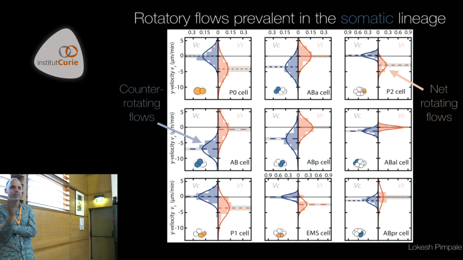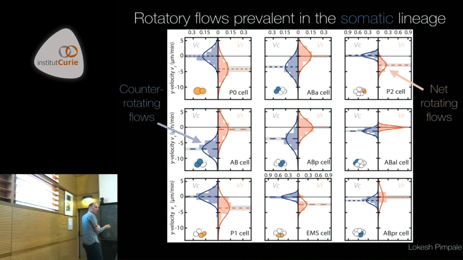So the cell-cell arrangement is, I'm going to say it optimistically, we think dominated, or at least quite significantly impacted, by these rotatory movements. There are rotatory movements everywhere, and there's a germline-soma difference in rotatory flows.